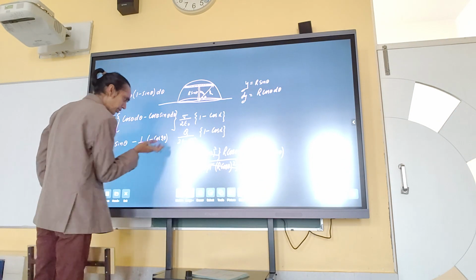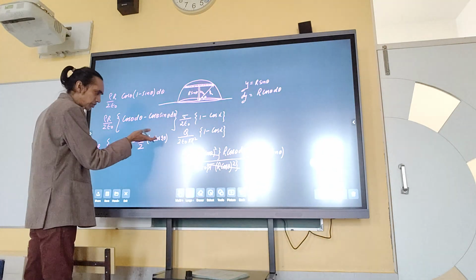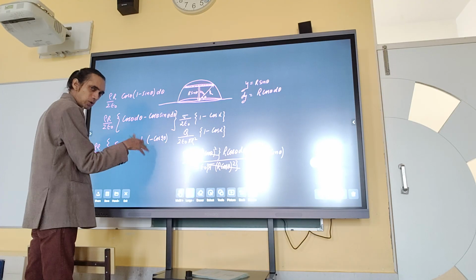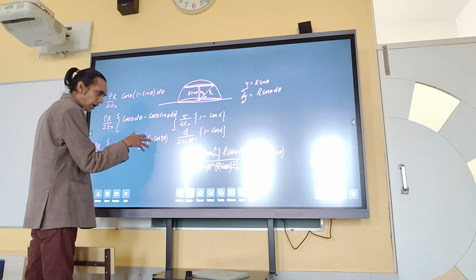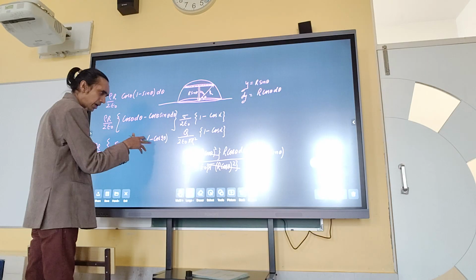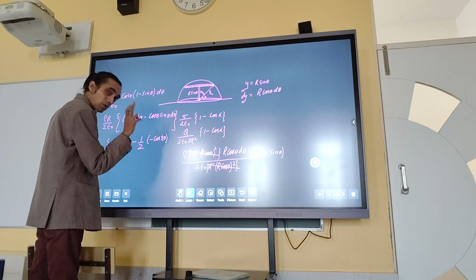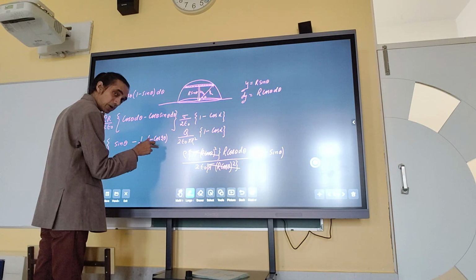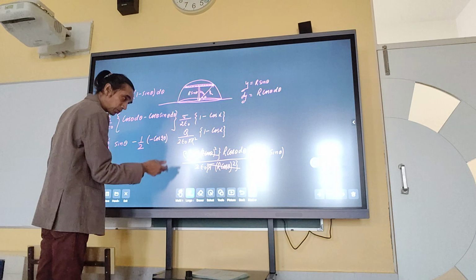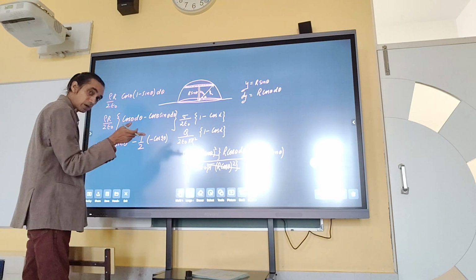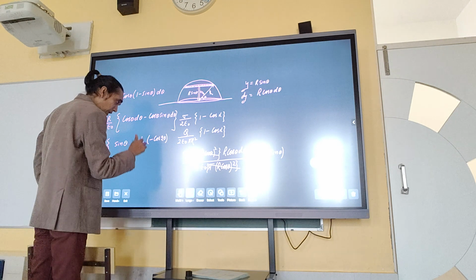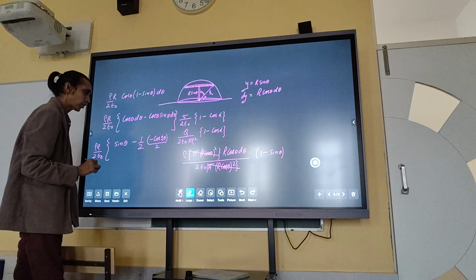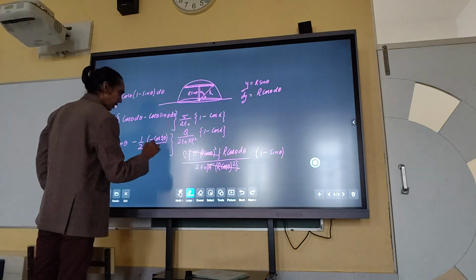When you differentiate cos 2 theta you get negative sine 2 theta, and what else you will get? First you differentiate this with respect to 2 theta, and then 2 theta with respect to theta. So you will get 2, and that 2 will come over here, so this should be divided by 2. Check, class. It's your integration skill now.